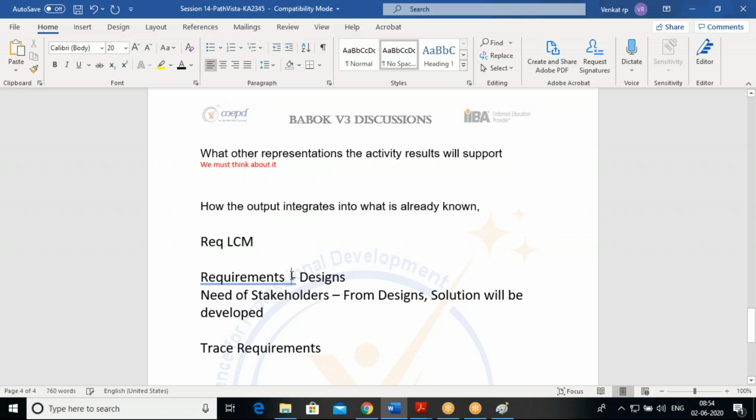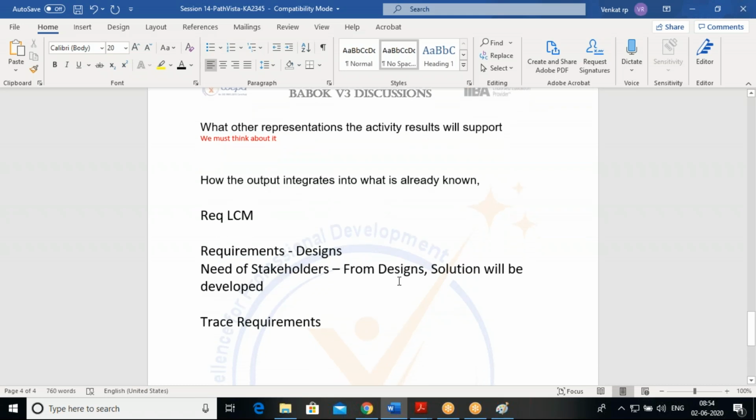We need to understand this particular point before we can take it forward. So from the needs of the stakeholders we come up with the requirements, and from the designs, whatever you suggest now, the solution will be developed.